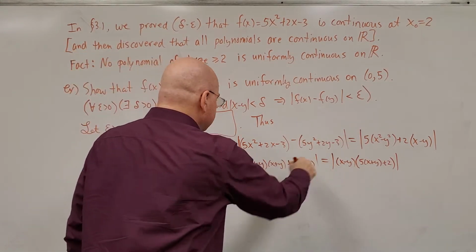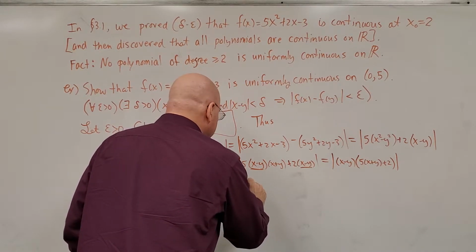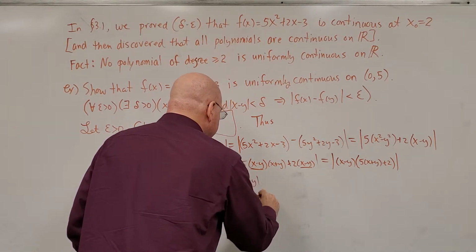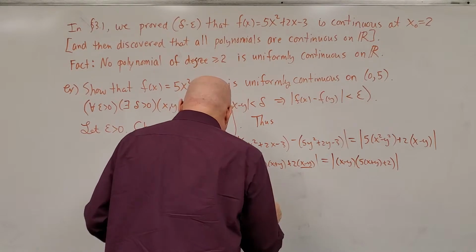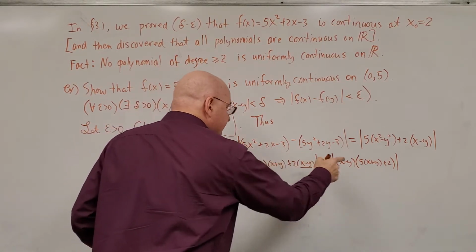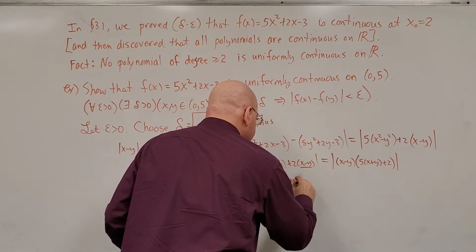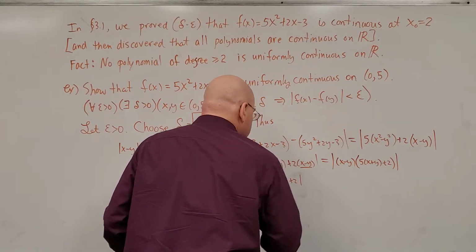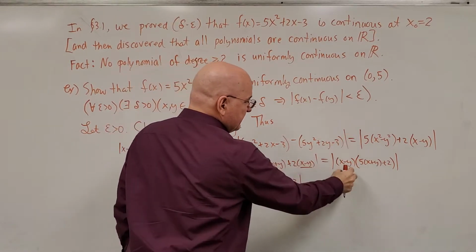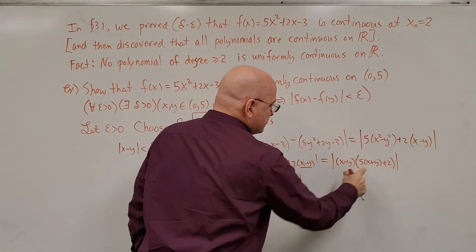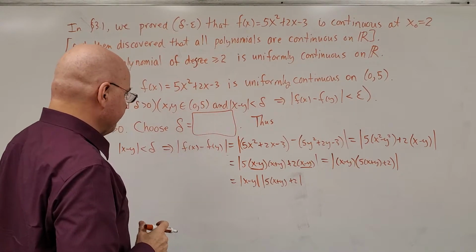Well, by the properties of absolute values, that's equal to the absolute value of x minus y times the absolute value of 5 times x plus y plus 2. So I basically took that absolute value and that absolute value and multiplied them together.